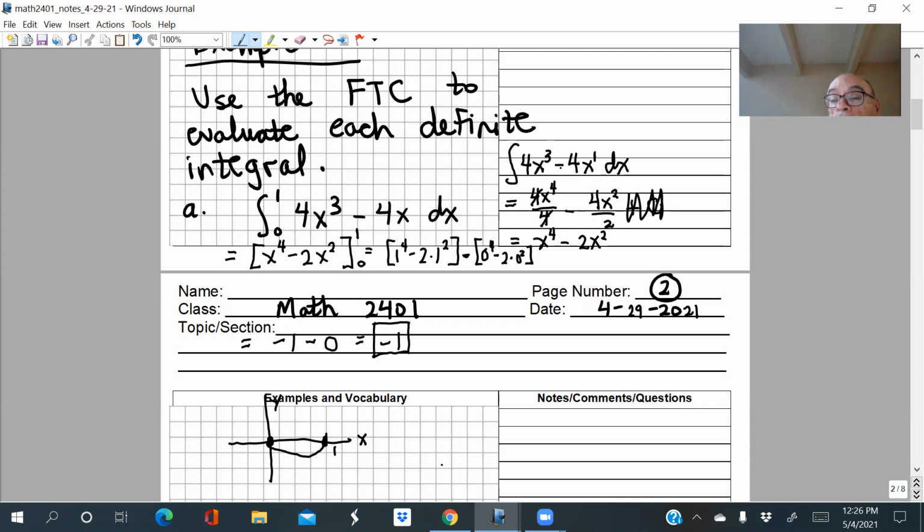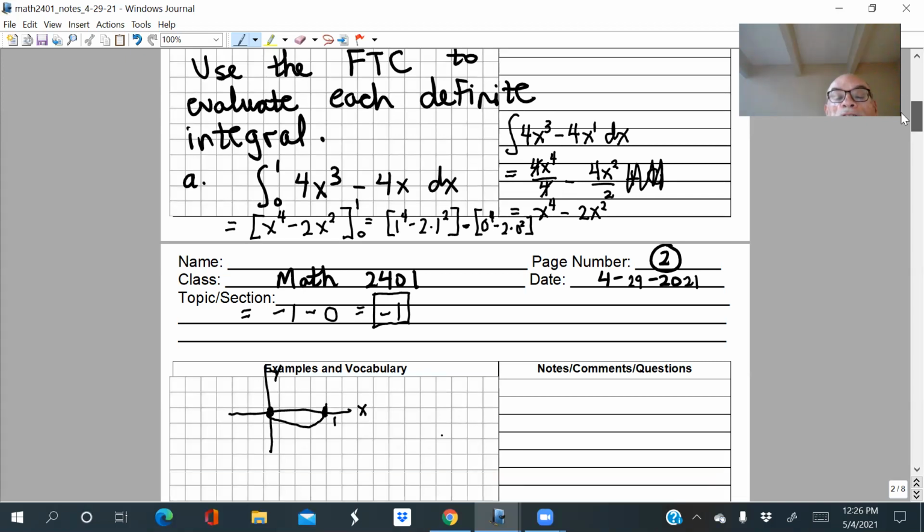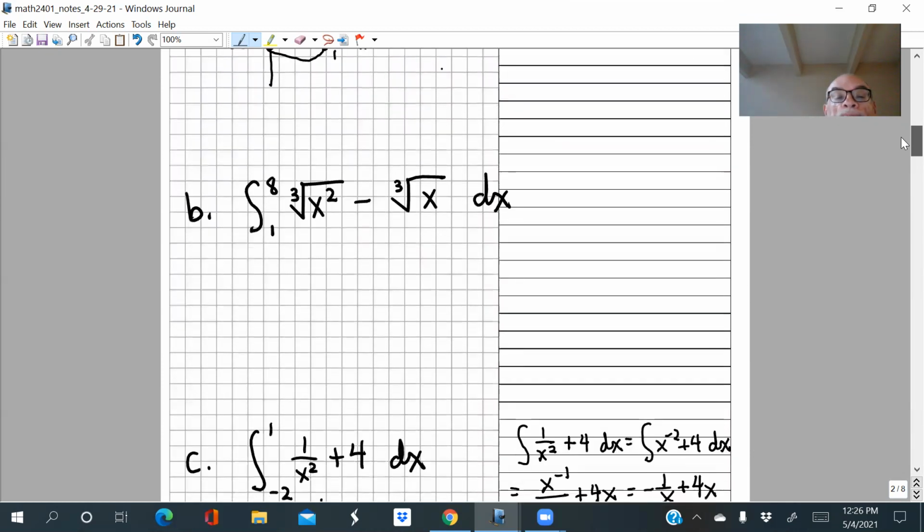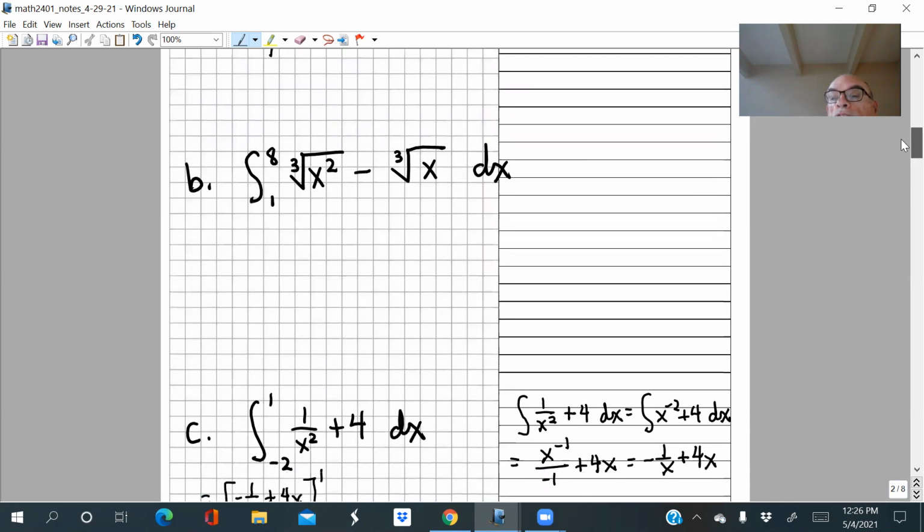And the secret is just our knowledge of antiderivatives. So this was a really amazing discovery. This is right at the beginning of calculus. I think Newton's teacher knew this. Let's try another one then.